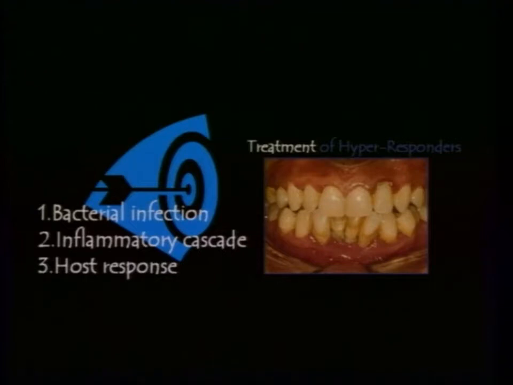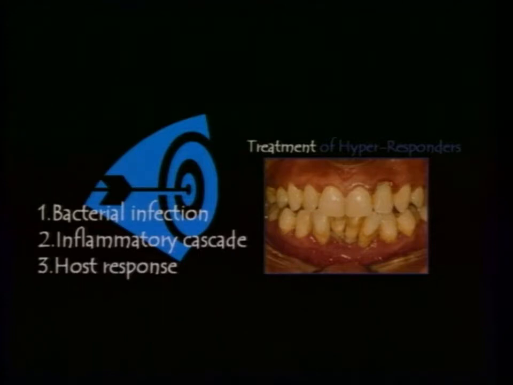Now, what do we know about treating these patients that have aggressive disease? We know that if you're going to treat these people, we have to center on all the 3 elements that are driving tissue destruction: bacterial infection, the inflammatory cascade, and the host response. There's some evidence to suggest that with aggressive periodontitis, you also have systemic inflammation.